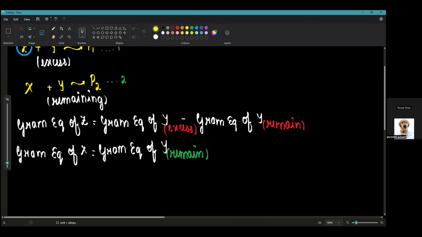So look at equation 3 and look at equation 4.